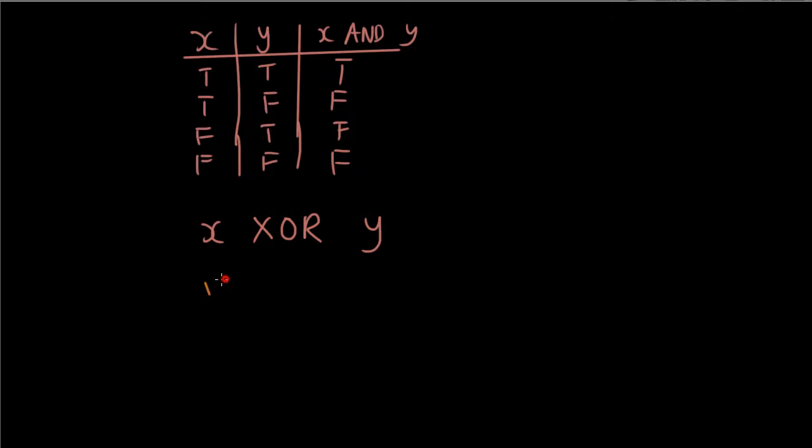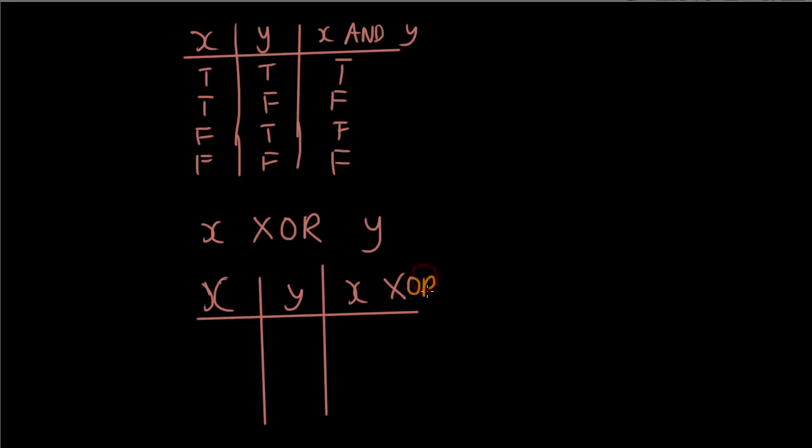XOR means exclusive OR, and basically exclusive OR is only true when only one of these variables is true. So if x is true and y is false, then x XOR y is true.